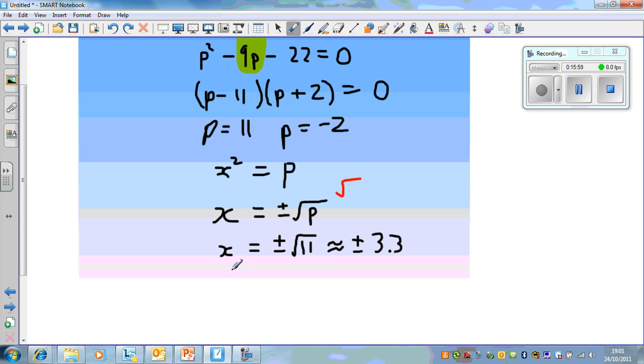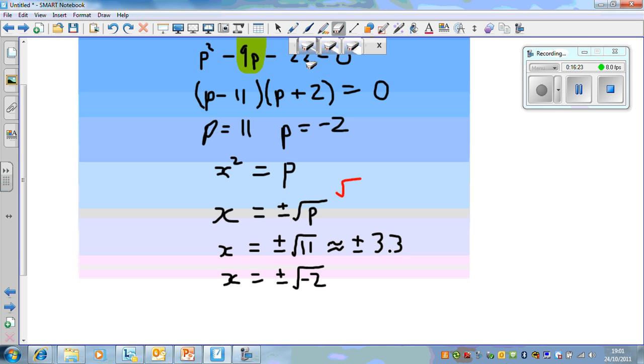Also, remember that p is minus 2. So that means x is equal to plus or minus the square root of minus 2. Now, we've got two options here, because we've got the square root of a minus number.